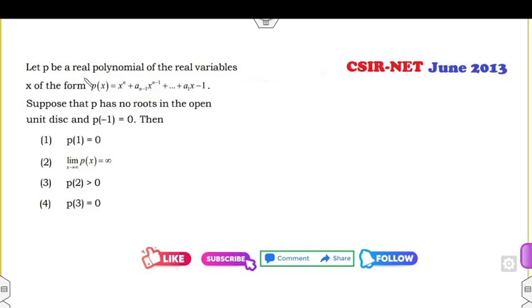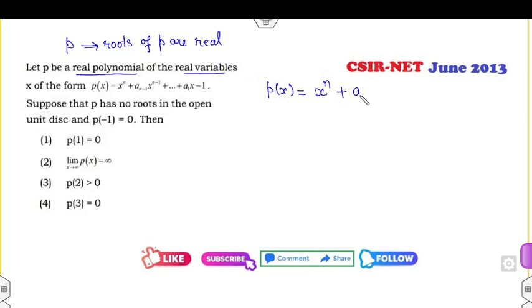Let P(x) be a real polynomial of a real variable. That means the roots of P are real; there are no complex roots, because it's a real polynomial of a real variable, such that P(x) will be x^n + a_{n-1} x^{n-1} + ... + a_1 x - 1. Choose any number n.